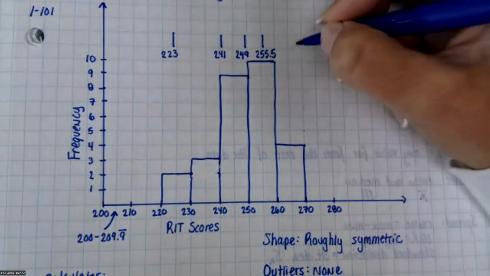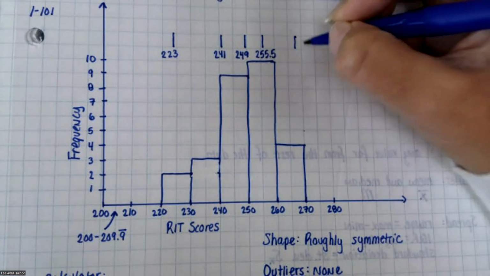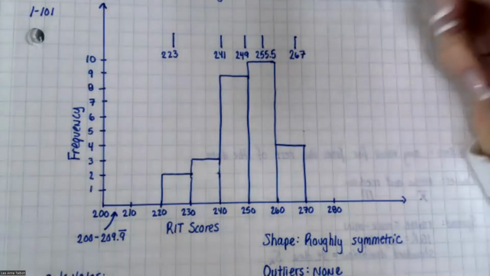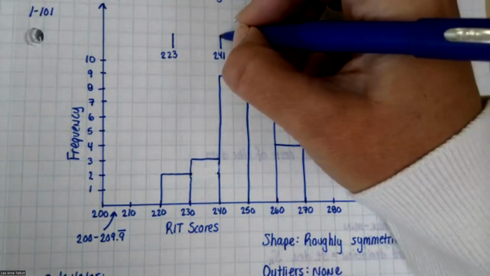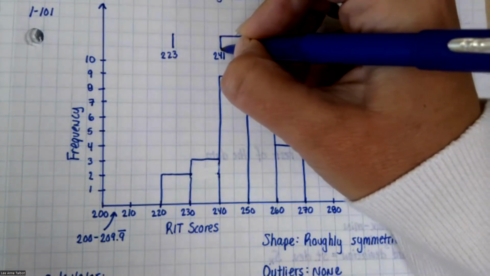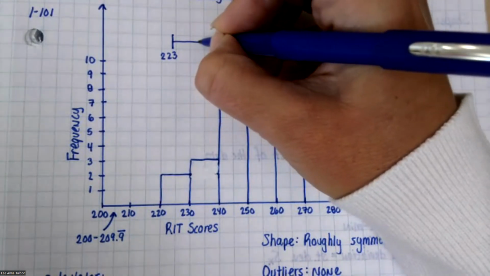And 267 is like right about there. That's why it's called the 5-number summary, by the way. And then you connect the 3 middle ones to make your box and then go out to the whiskers.